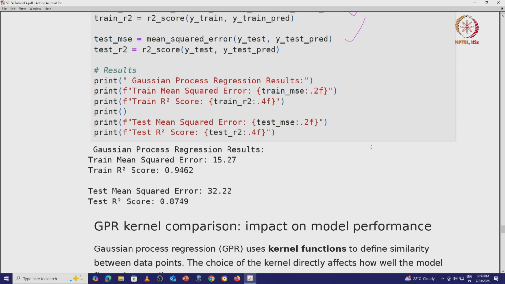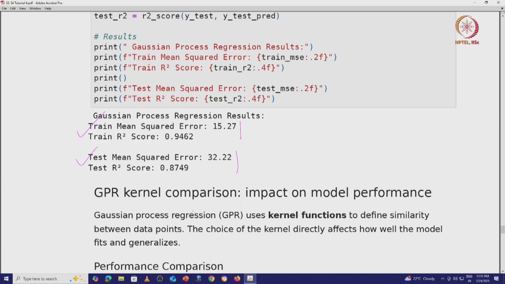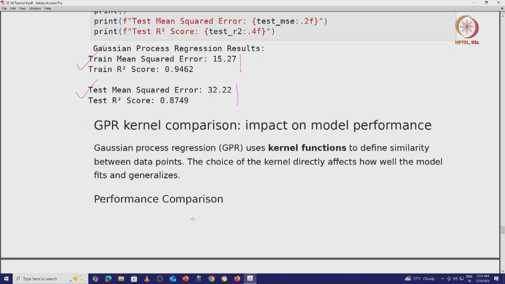The train error of course came down because we are also including noise in the framework, so that can sort of skew some of the predictions on the training data, but the nice thing is that the test mean squared error has fallen drastically and the test R squared score has also gone up. So that is a really nice thing that we have achieved. So finally what we have done here is we have assessed the importance of the kernel on the model performance.